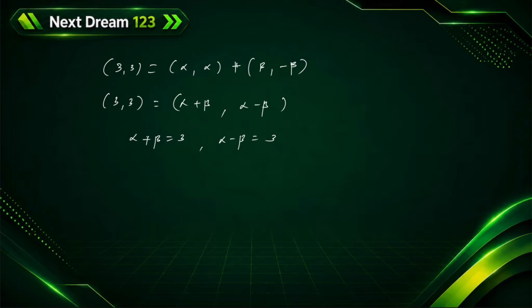You simplify this. What do we get? Alpha minus beta is equal to 3, means alpha we get 0. If alpha is 0, beta we get 3.